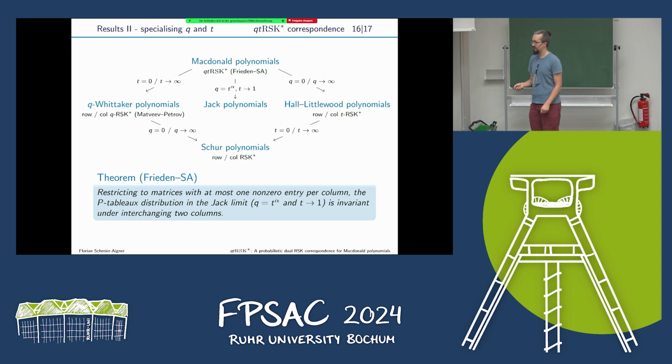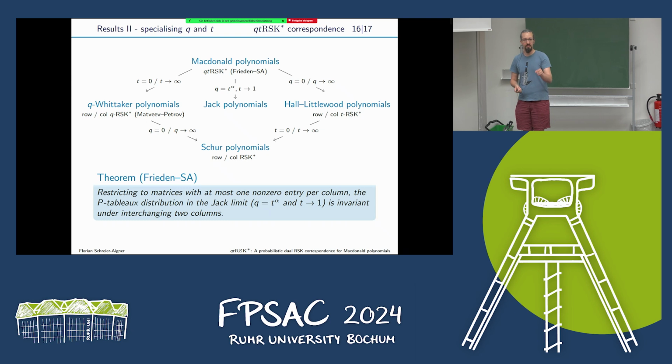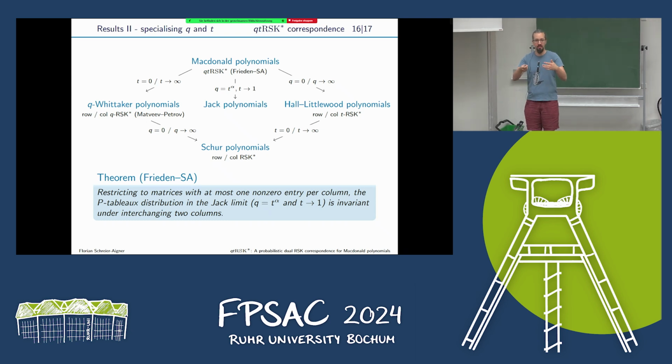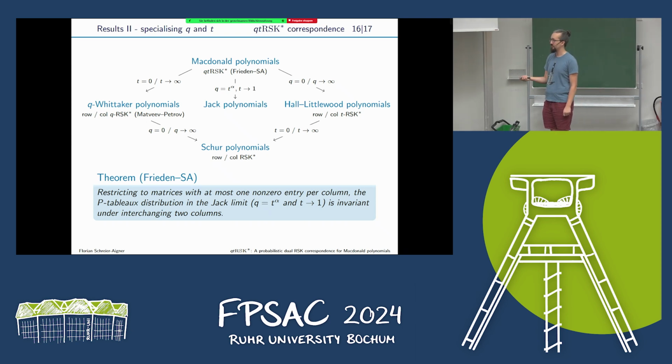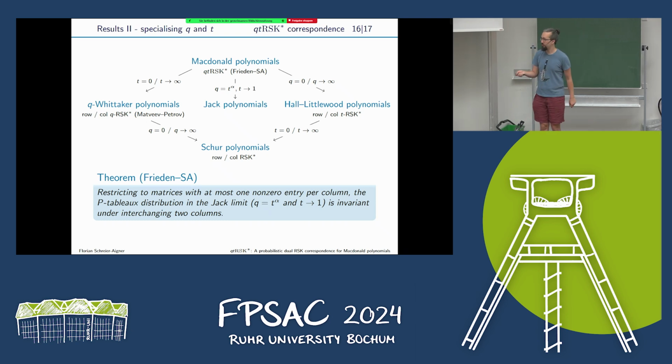Because in this case, if you're restricting to matrices with at most one non-zero entry per column, then what is called the P tableau, so in the usual RSK you have two tableaux, the recording and the insertion tableau, the insertion tableau, the P tableau distribution in this limit actually turns out to be invariant under interchanging two columns. And we proved this in our paper, and we have shown that it's not true in the Macdonald case.